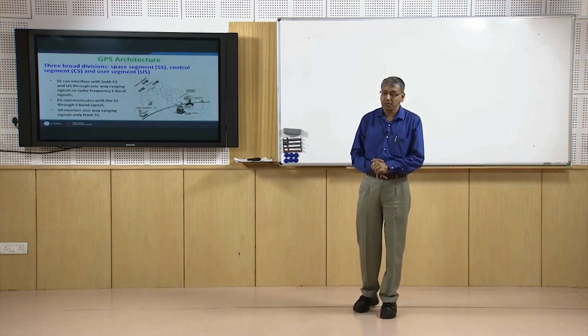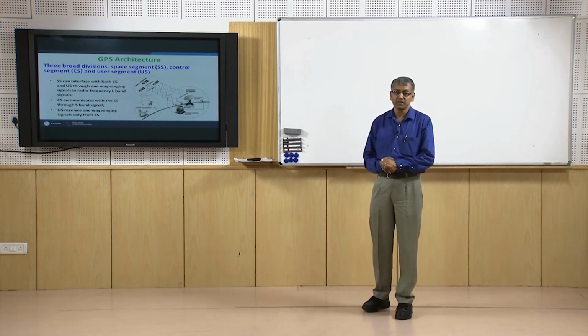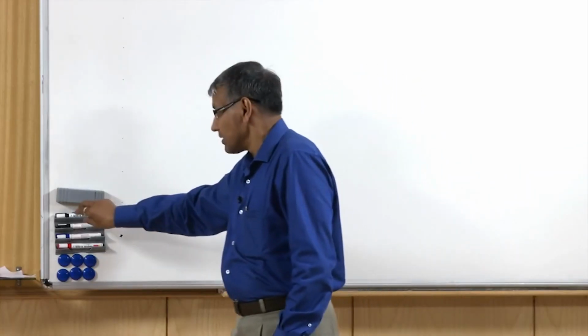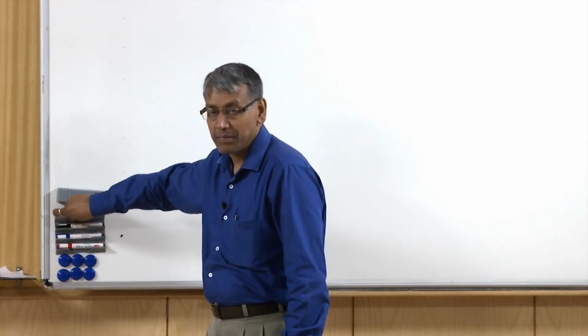The GPS system architecture consists of three segments: the space segment, the control segment and the user segment.